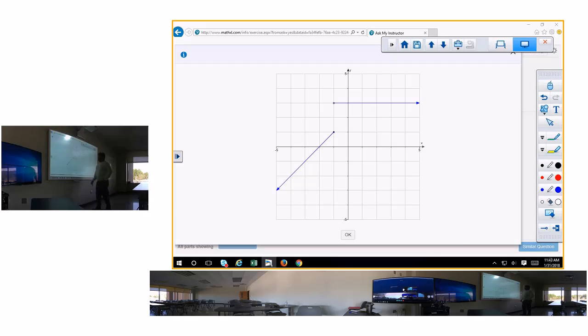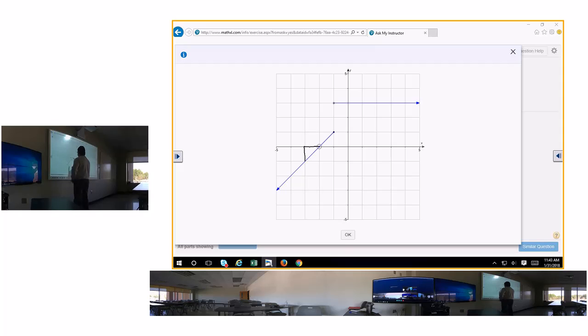So let's go from here, left to right. And we've got an arrowhead, which means negative infinity as far as x goes. But what's the slope? Well, vertical over horizontal, 1 unit to 1 unit. So the slope is equal to 1. So m is equal to 1.